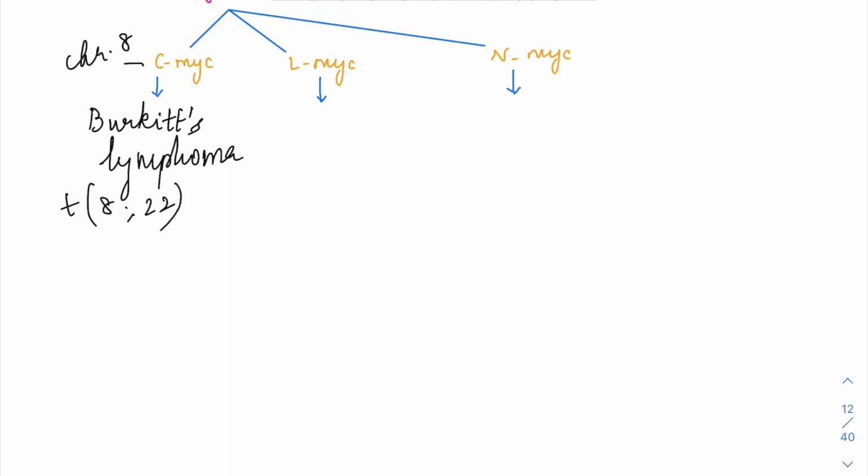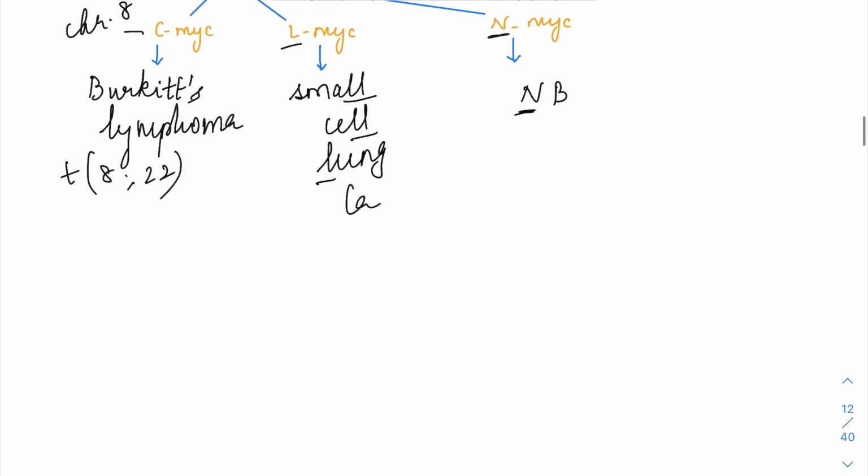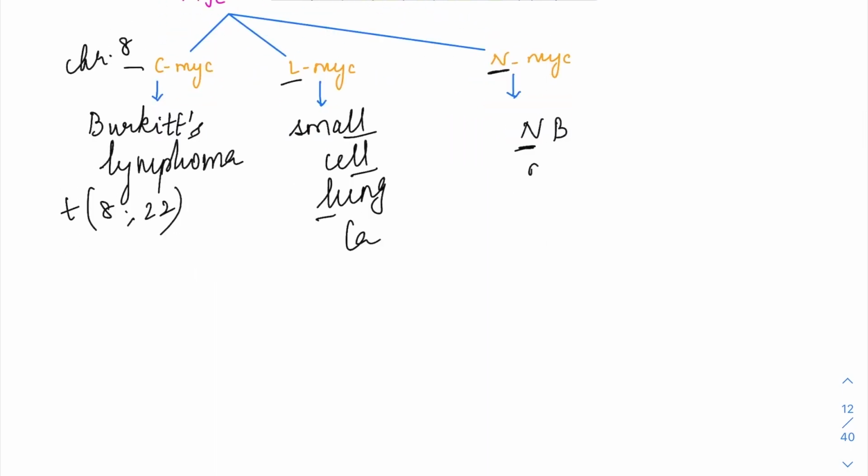Then L-MYC. L-MYC is going to be seen in small cell lung cancer. So lots of L's are there in this. Small cell lung cancer for L-MYC. Then N-MYC is for neuroblastoma. So N for N. Okay. You even see this N-MYC amplification in medulloblastomas as well.